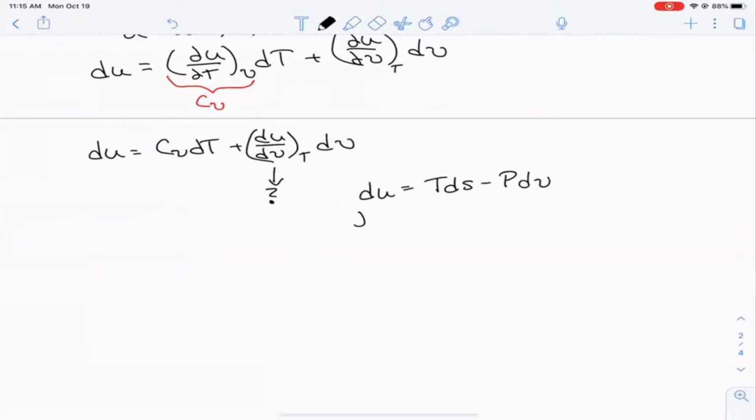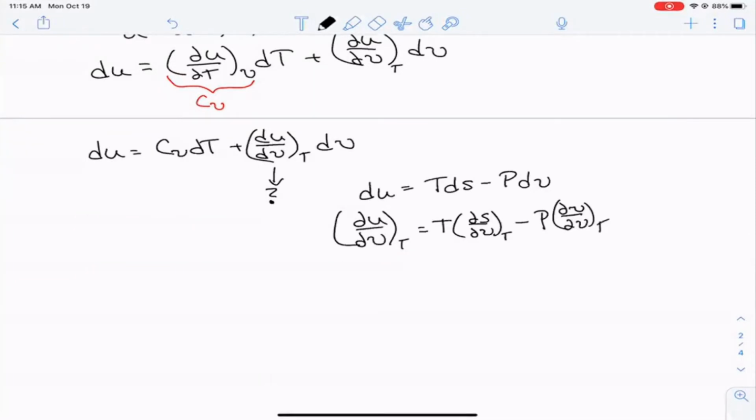So from this, (dU/dV) at constant T just equals T times (dS/dV) at constant T minus P times dV over dV at constant T. And of course, dV over dV at constant T is just equal to 1, so this just becomes equal to minus the pressure.